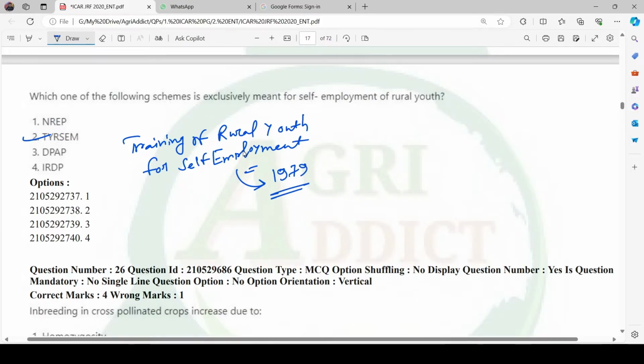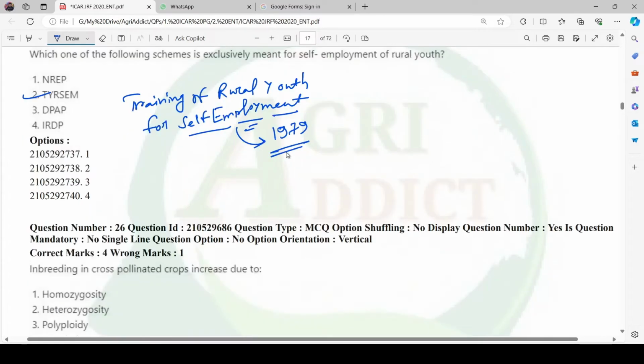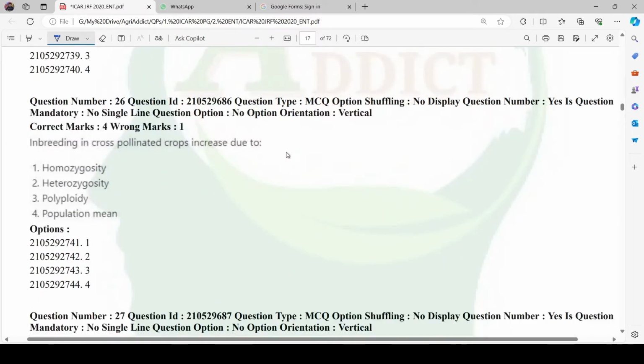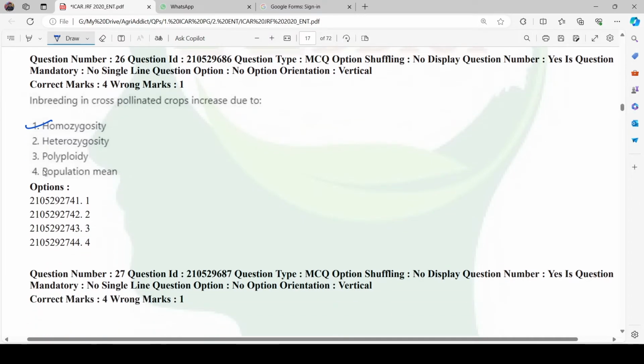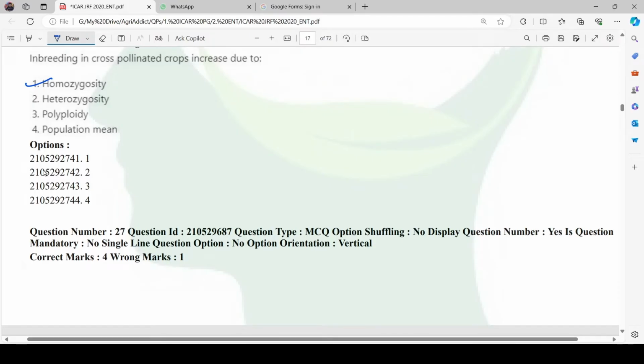So in the name itself is the full form, that is self-employment. Inbreeding in cross-pollinated crops increases due to homozygosity. For homozygosity, inbreeding can be increased.